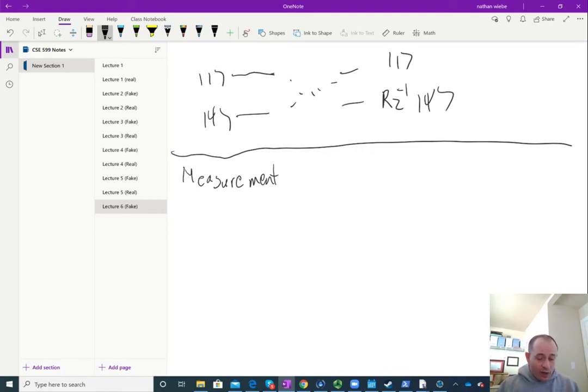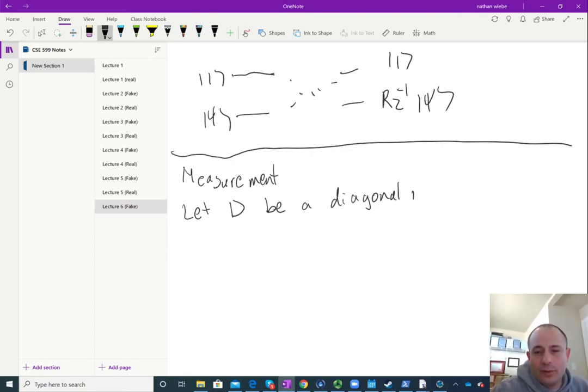So let D be a diagonal matrix. Now what we want to do is talk about an expectation value of D. For example, let's say we have the following situation.